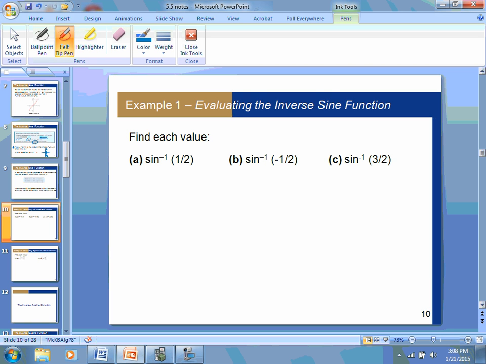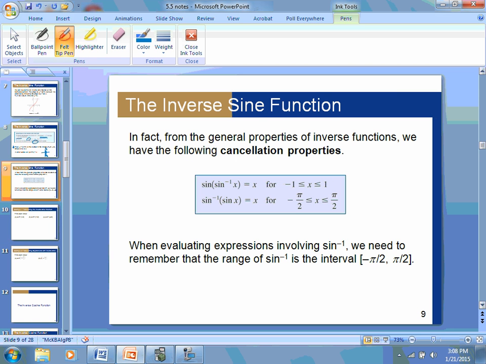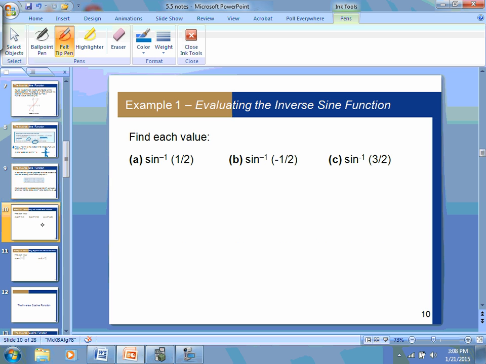Okay, so here we have the inverse sine of 1/2. So the very first thing I'm going to do is think, okay, this value that they gave me, this 1/2 value, that has to be in my domain. This is my x value.